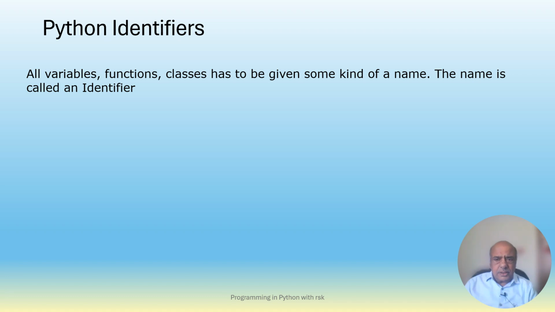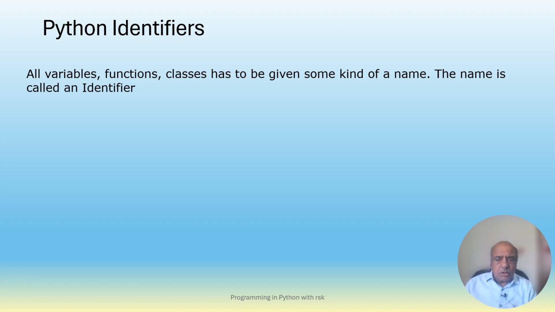As in any other programming language, identifiers are required. In Python, all variables, functions, classes have to be given some kind of a name. Suppose we declare we want an int variable, then what we do is we give it a name, any name, say A, B, C, X, Y, Z or whatever.